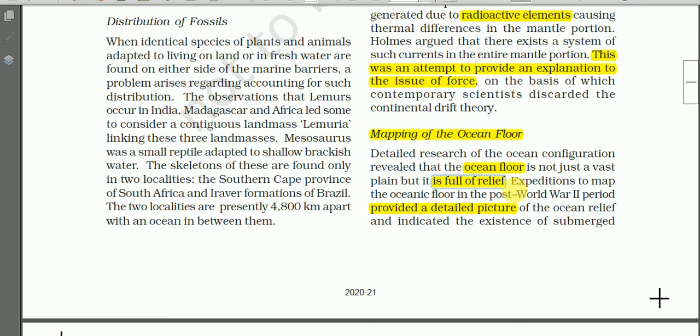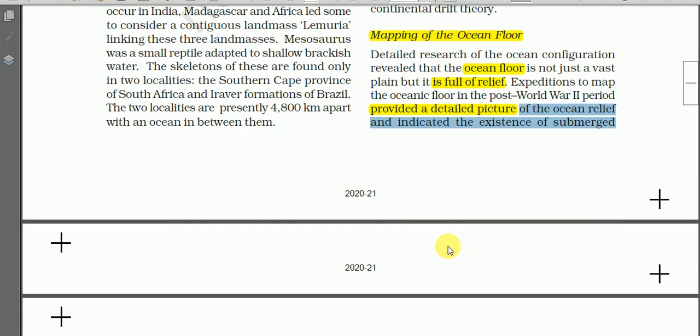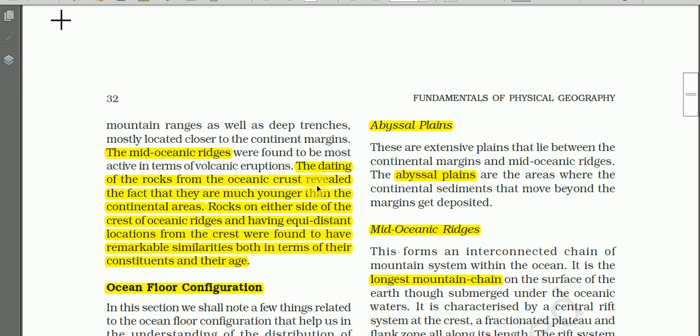Expeditions to map the ocean floor in the post-World War II period provided a detailed picture of ocean relief and indicated the existence of submerged mountain ranges as well as deep trenches, mostly located closer to the continental margins.